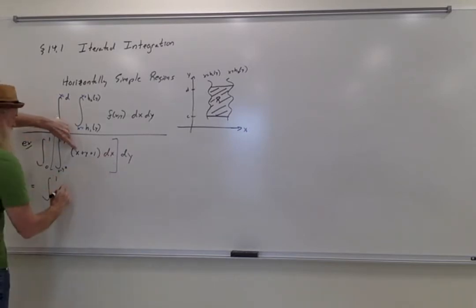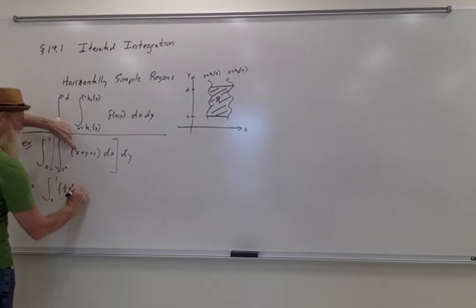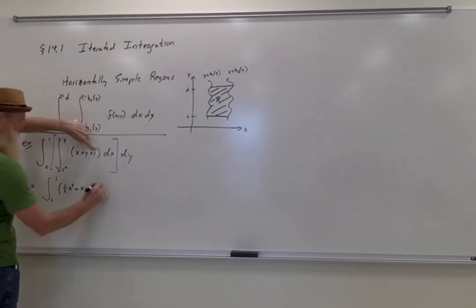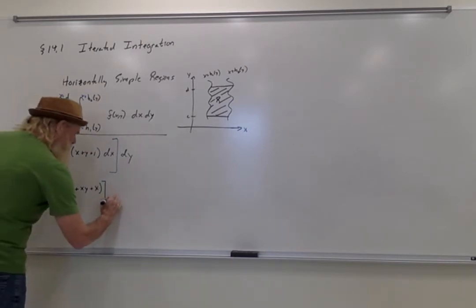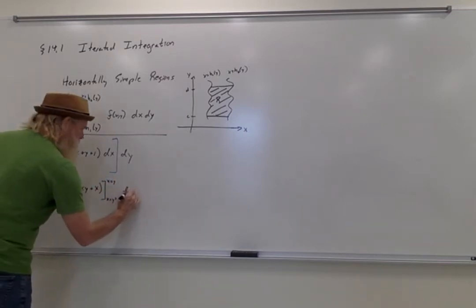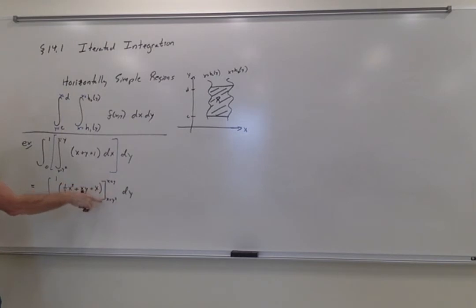Integrating with respect to x, I have 1/2 x squared plus, since I'm treating the y as a constant, y times x, or xy, plus the integral of 1 with respect to x is x. And I take that from x equals y squared to x equals y. I'll plug in the endpoints and subtract, and then whatever I get, I'm going to integrate with respect to y.